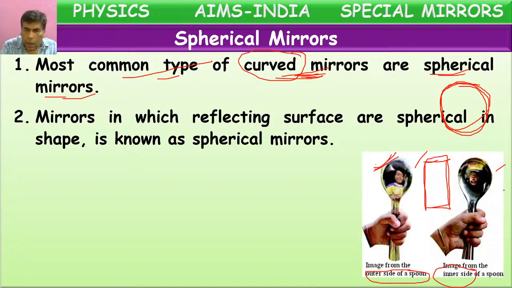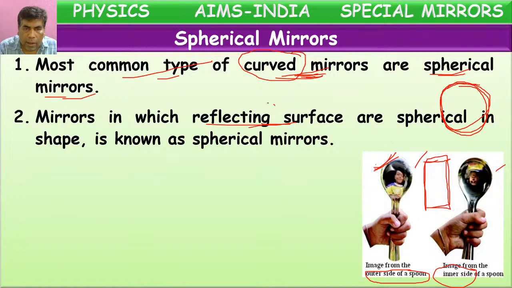Here, the spoon is reflecting the light, and because of that we are able to see the image. Whatever things are visible to us are visible only because of light and its main property called reflection. Because of the reflection property of light, we are able to observe things around us and images inside mirrors.